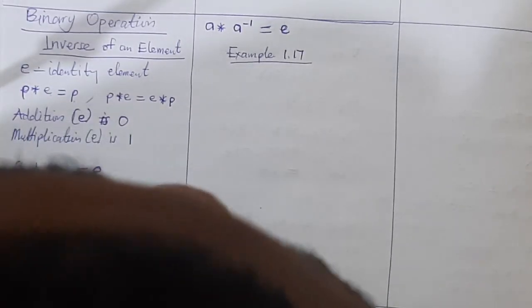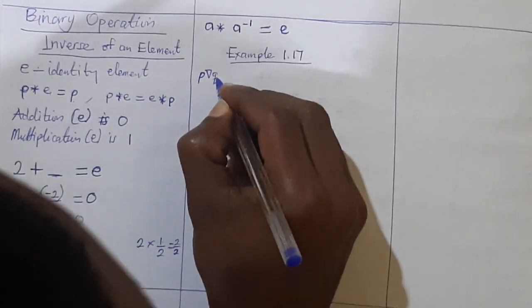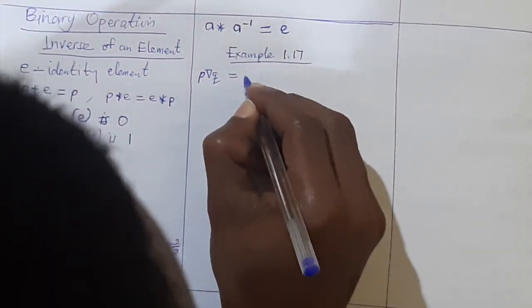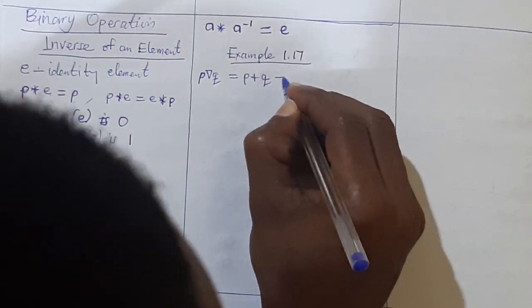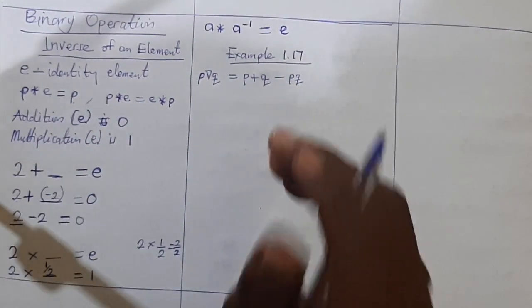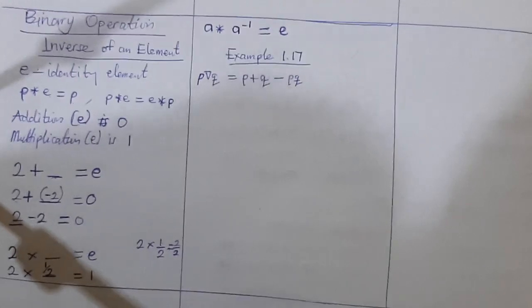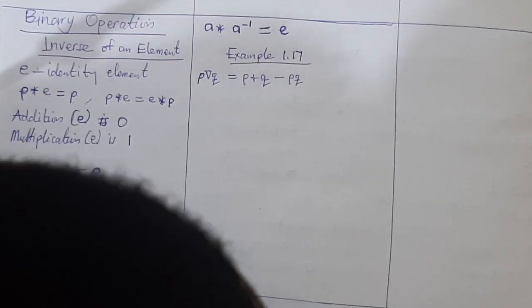Example 1.17. A binary operation is defined on the set R of real numbers by P operation Q is equal to P plus Q minus PQ. Now remember, to prove identity, we have to check for commutative.